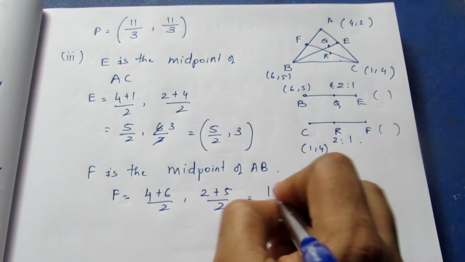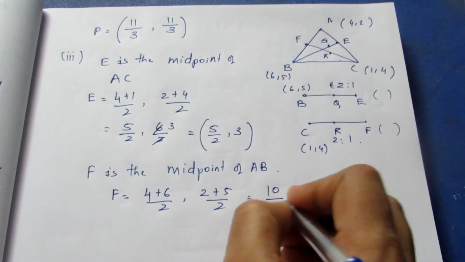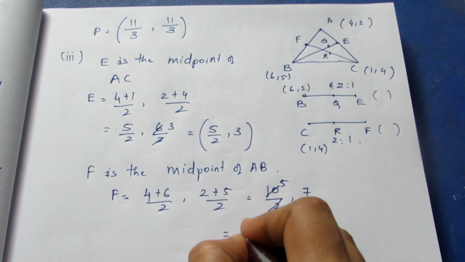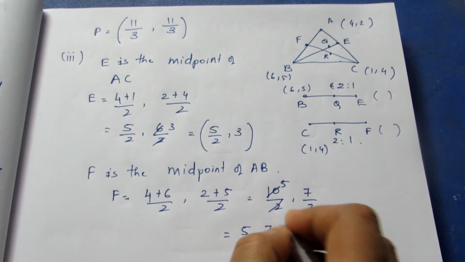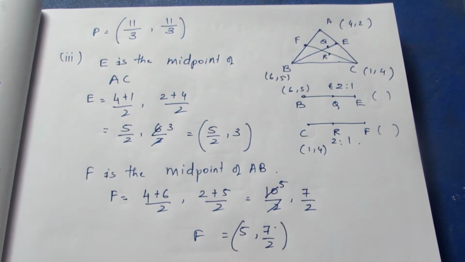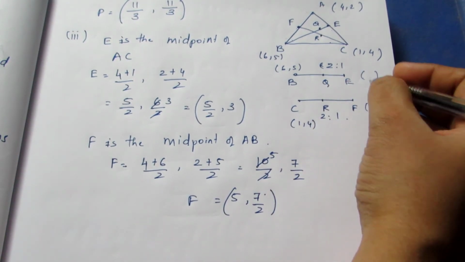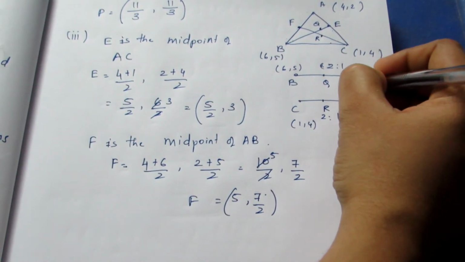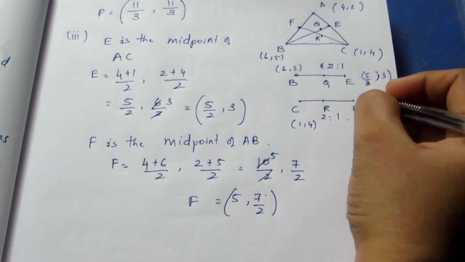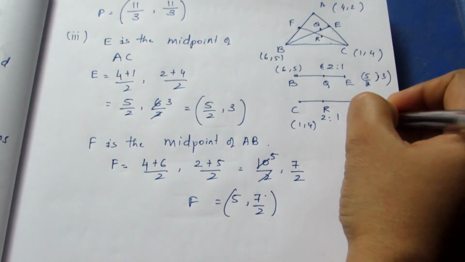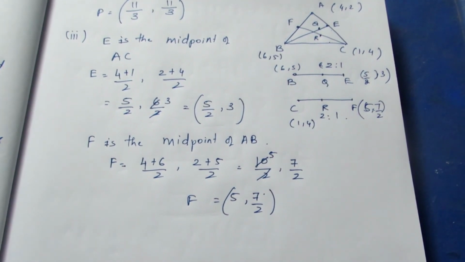This becomes 10 by 2, 7 by 2. Here we can cancel it and it becomes 5, 7 by 2. So your F point is 5, 7 by 2. Now we know the values of E and F. E is 5 by 2, 3 and F is 5, 7 by 2. So F we have found, E we have found.